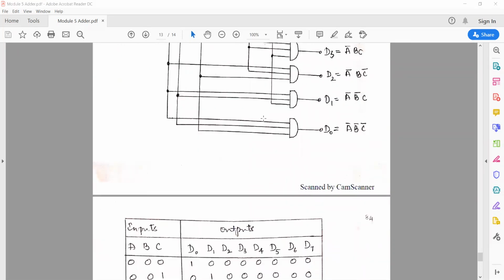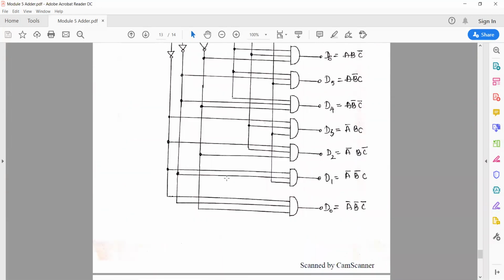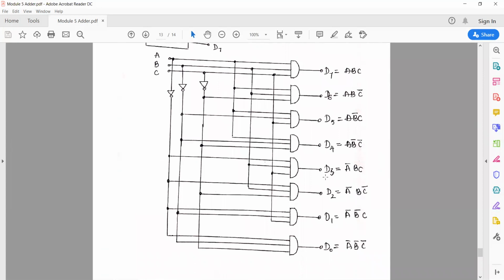So this can be drawn using this truth table. If we want D3, what should ABC be? It should be 0, 1, 1. Now let us cross check D3 over here.